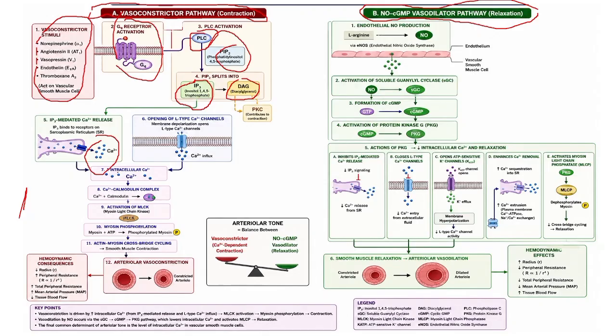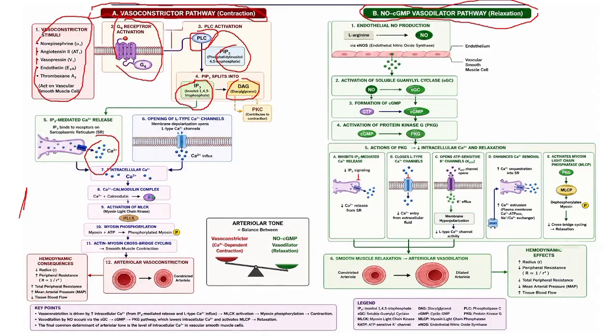So there will be an increase of calcium, and not only that, when there's an increase of calcium, there will be an elevation of positive charge inside the cell. The increase of positive charge will lead to depolarization, and when there's depolarization, we have channels called the L-type calcium channels, and these channels are voltage gated.